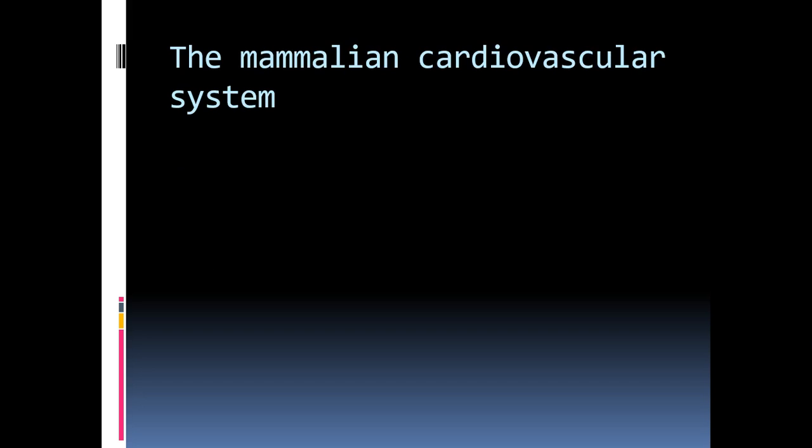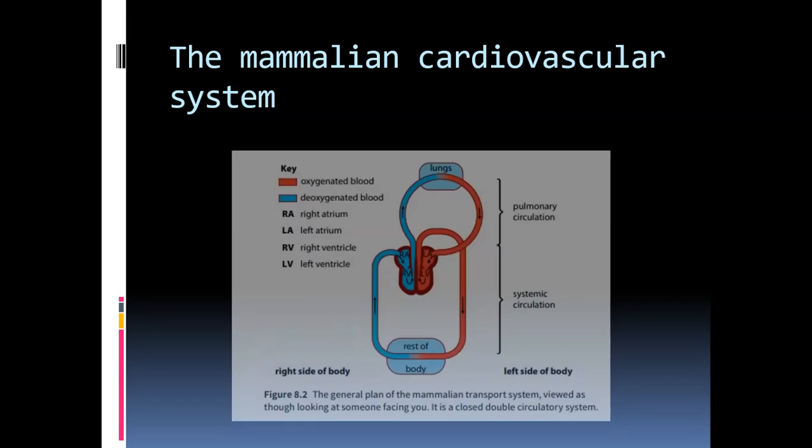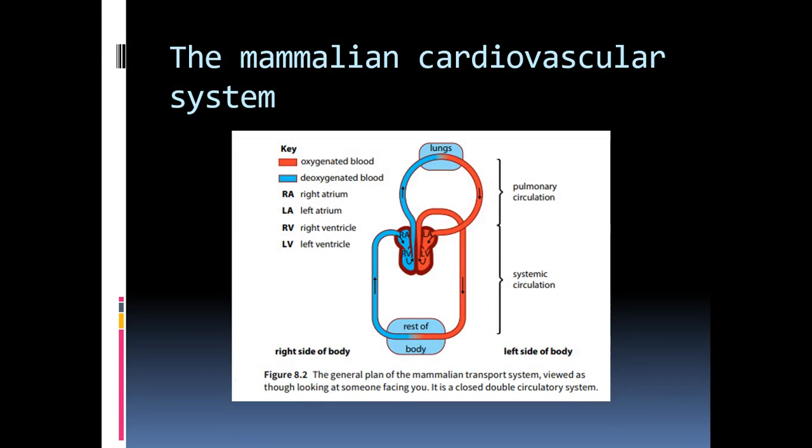I guess this is a very familiar diagram to you. This is a mammalian cardiovascular system. The mammalian cardiovascular system is also known as a complete double closed circulatory system. Why is it known as closed? Closed is because blood of the mammals, comprising the blood cells and blood plasma, always remains within the blood vessels.